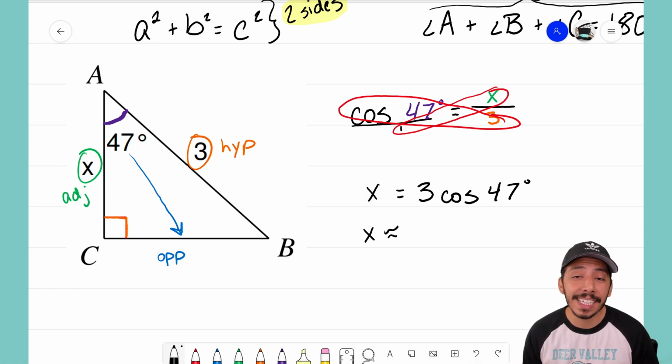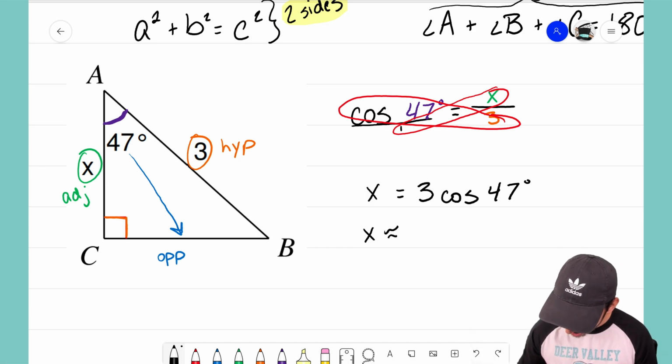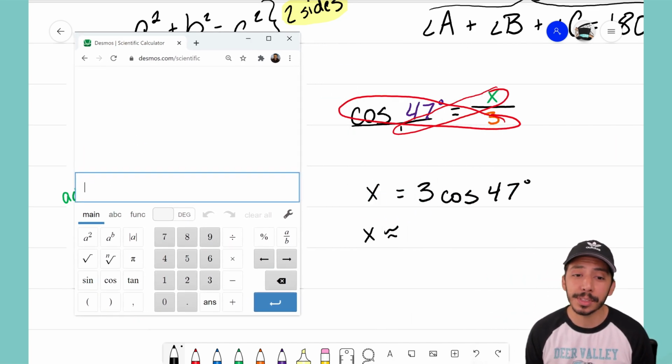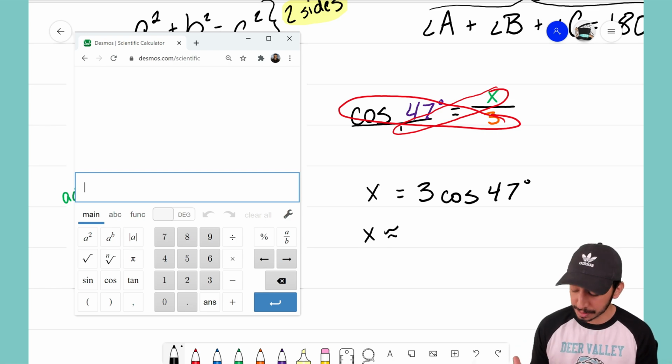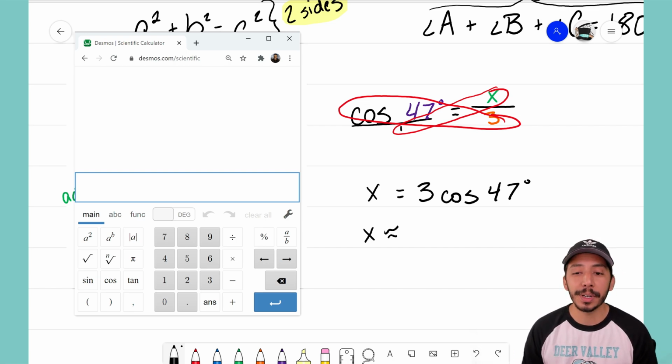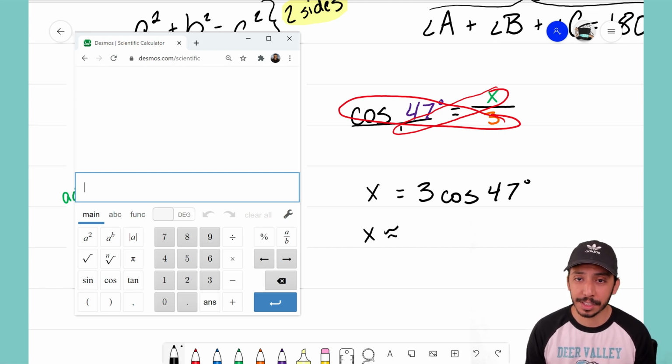Now remember, you can use a scientific calculator for this portion. I'm going to go ahead and use this free online scientific calculator from Desmos.com. It's very nice and simple and easy to use, and it allows us to just throw in all of that expression in at once so we can figure out what x is. So I'm going to go ahead and type in 3 times cosine of 47 degrees.